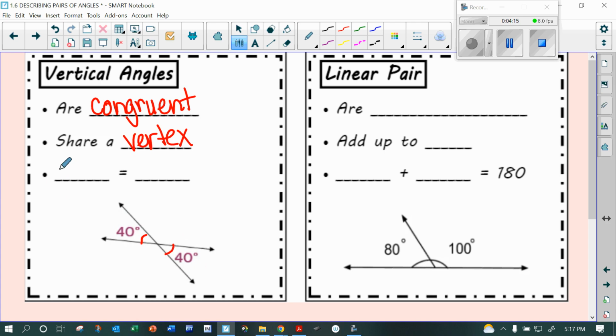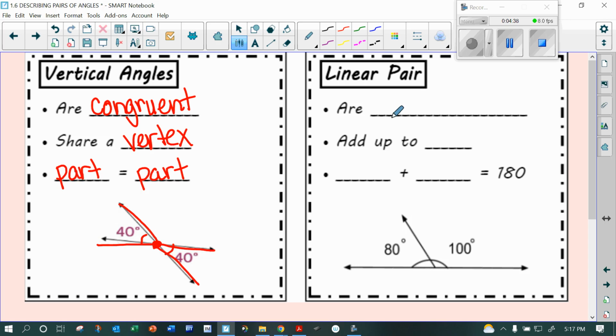Always, always, always. So part equals part in this case. So think about, you've got this angle here, and then you've got this angle here, and those two share a vertex, and they're opposite each other.